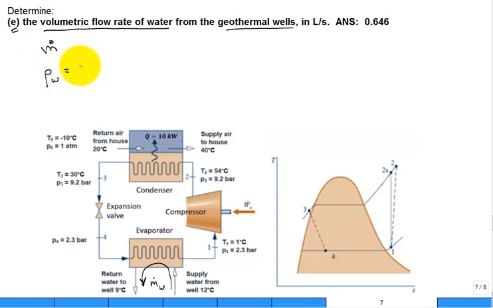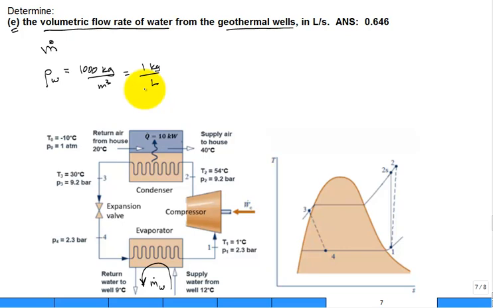Well, somebody says it's 1,000 kilograms per meter cubed, but isn't that the same as 1 kilogram per liter? Yeah. And so basically, if you just calculate the flow rate in kilograms per second, then multiply by the density of water, or divide by it, of 1 kilogram per liter, you'll get numerically the same value, but it'll be in units of liter per second.